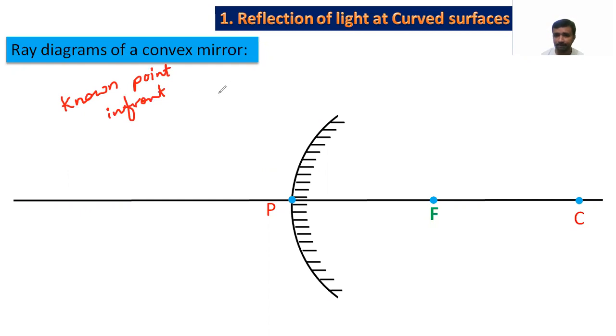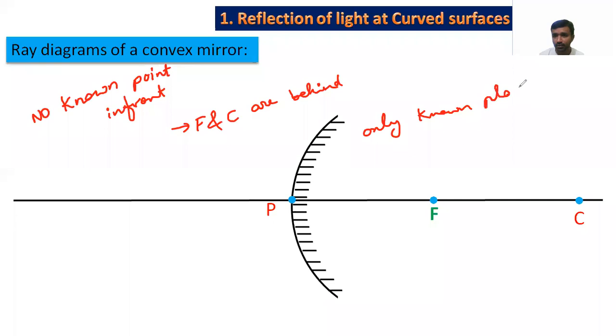Actually, there is no known point, because here the focus and the center of curvature are behind the mirror. So there is no known place. The only known place is infinity, so any distance it is.